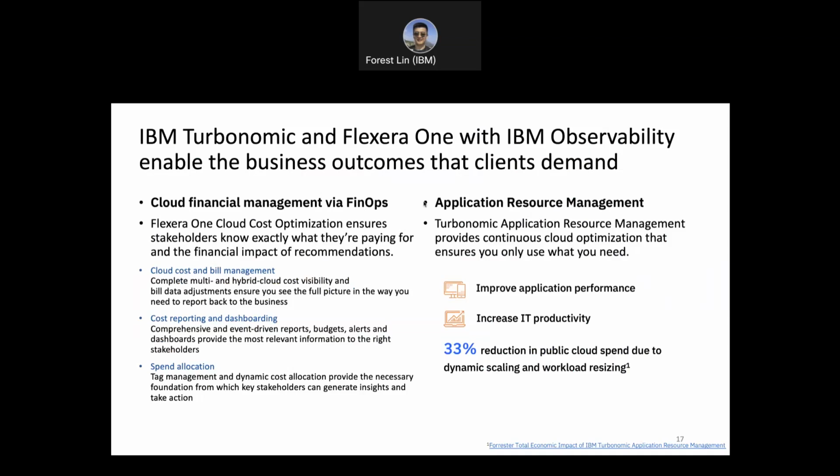From the application resource management perspective, Turbonomic provides continuous cloud optimization that ensures you only use what you need, improves application performance, increases IT productivity, and delivers a 33% reduction in public cloud spend due to dynamic scaling and workload resizing.